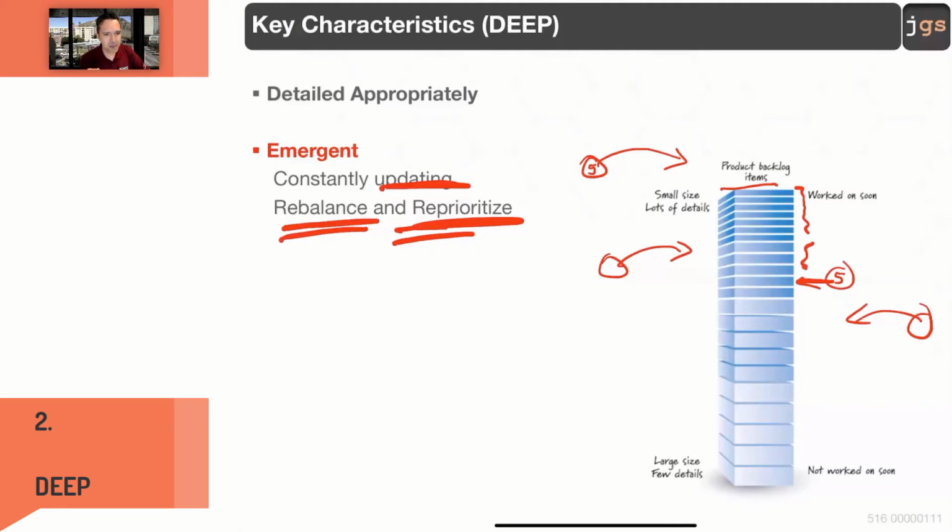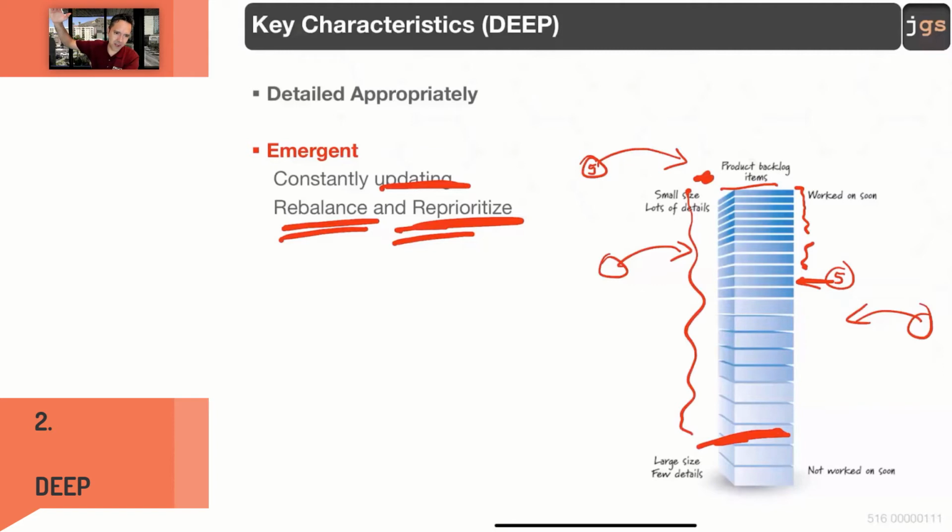You put the epic in the product backlog, and then the rebalance, the reprioritization. Even though you put this here today, it's going to move down with the other epics because epics have a low priority. So emergent always is being updated with new information, always is being rebalanced or reprioritized.